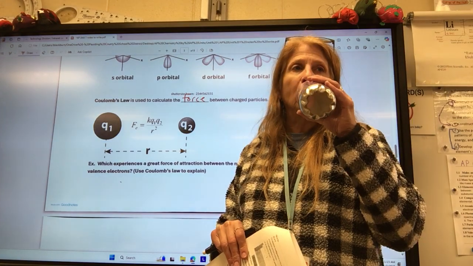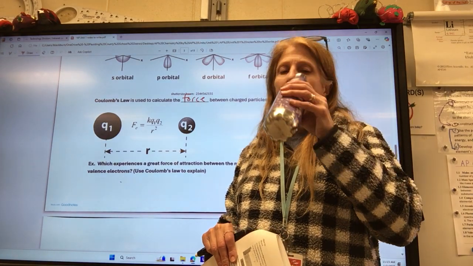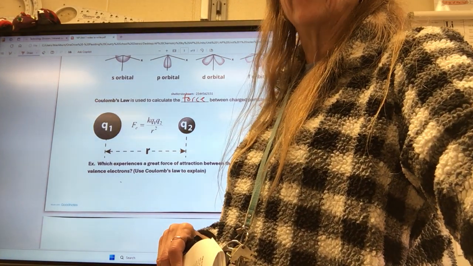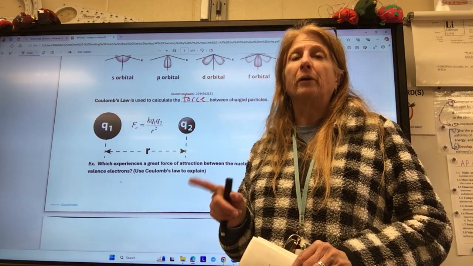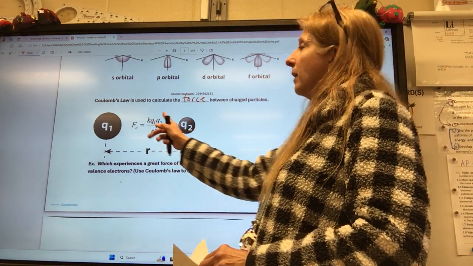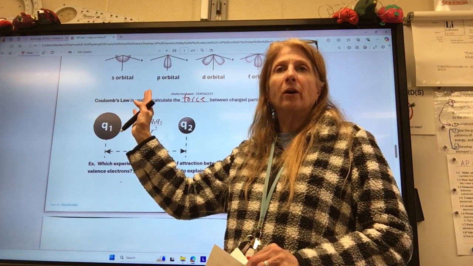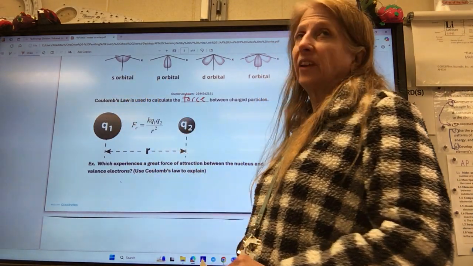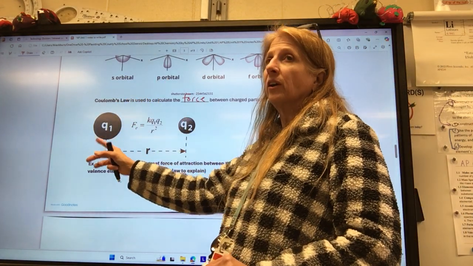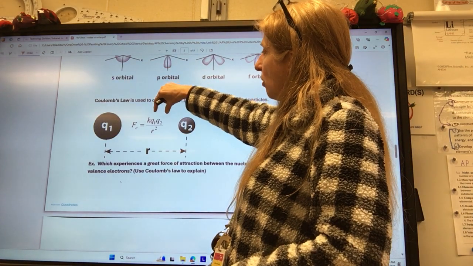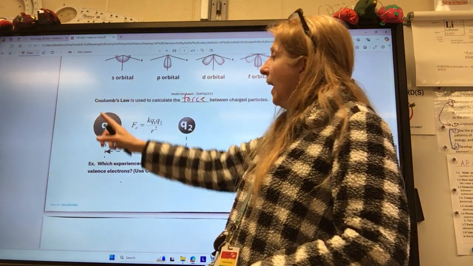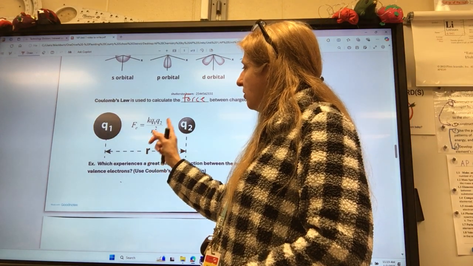Have y'all got there yet? I think y'all don't learn it. I used to teach it in Algebra 2, but I think y'all don't learn it at this school till pre-calculus. But anyway, just know, don't worry if that k is there or not. What this is saying is that the force is proportional to the size of the charge. Bigger charges, bigger force, and related to the distance.